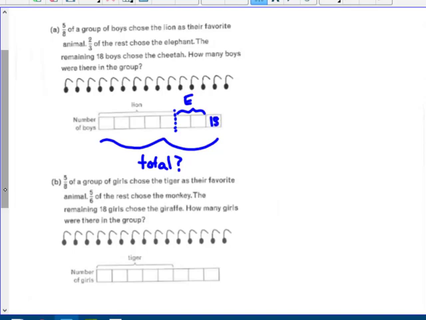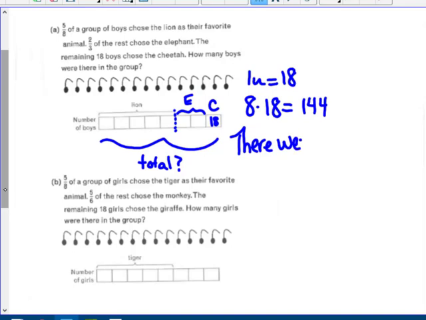So this is the 18 that represents the cheetah. 1 unit, obviously, is 18. How many were there in total? Well, there were 5/8, so there were 8 to start with. 1 unit is 18. So 8 times 18 would give me a total of 144. There were 144 boys.